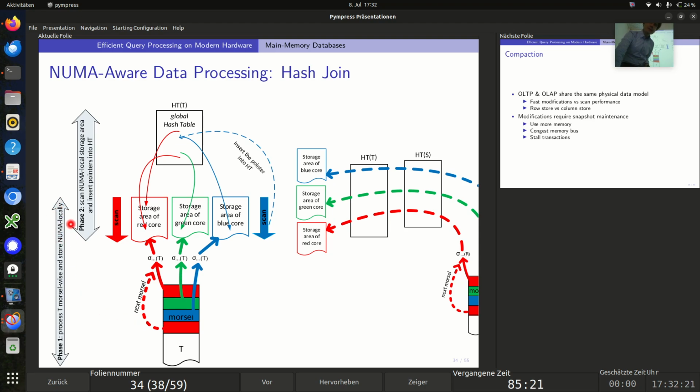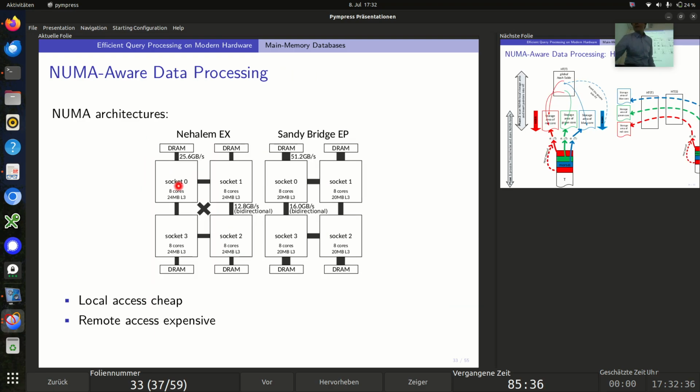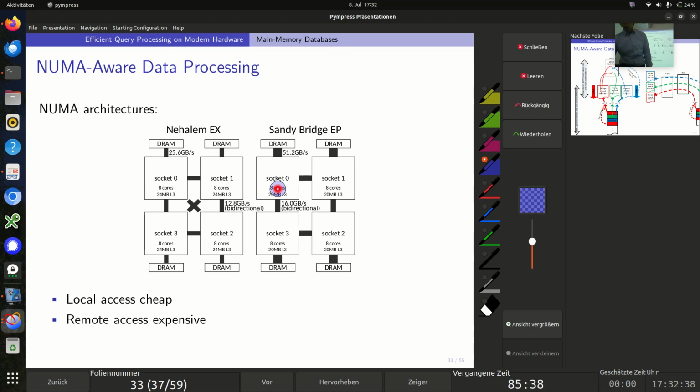So you can first partition on one NUMA socket: red should be done on one NUMA socket, green on another one, and blue on the other one. At the end, you can consolidate to a global hash table. So you should have one for the red, one for the blue, and one for the green. That's the takeaway of the 2 slides here.